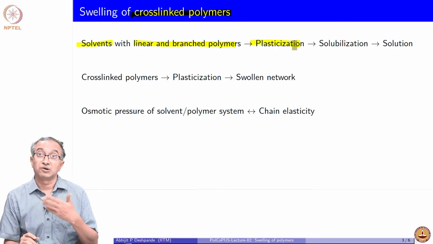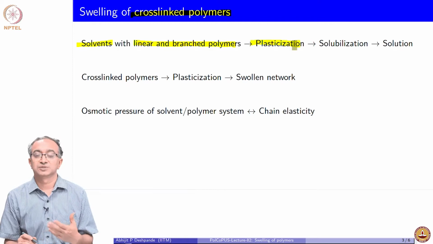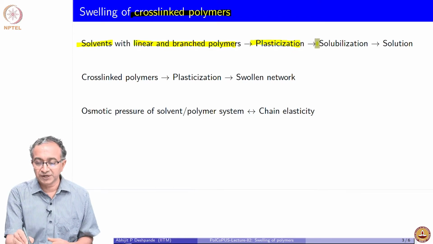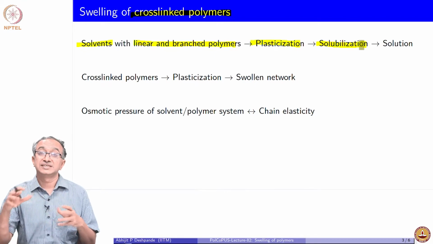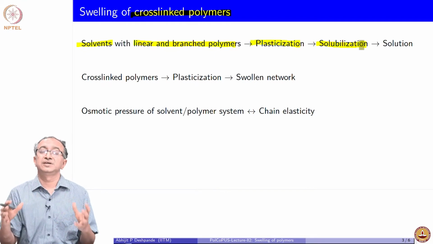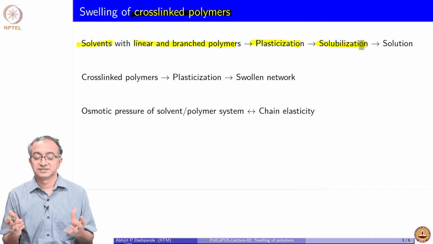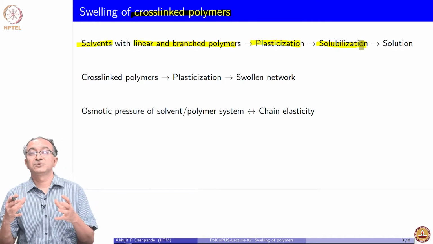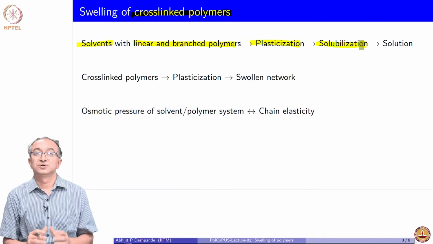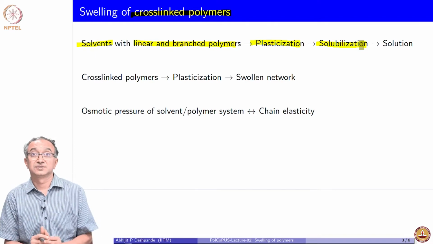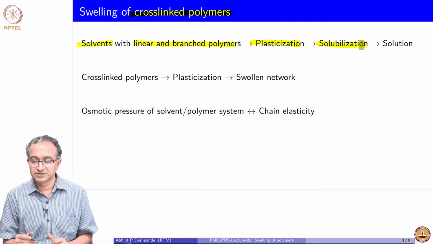Eventually, if a lot more solvent and small molecule is present, the solvent molecules will surround the macromolecule and solubilize it. That implies the macromolecule is now completely surrounded by solvent molecules, a solubilized solvent-macromolecule system.